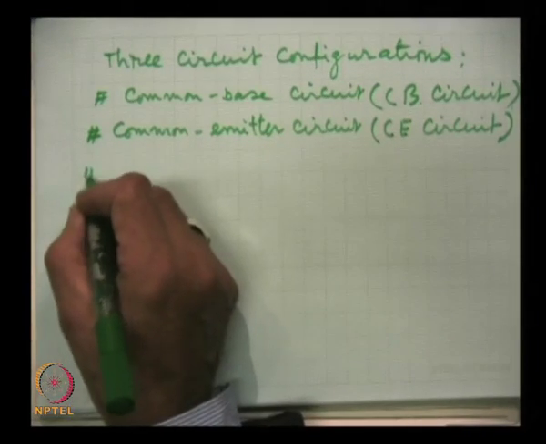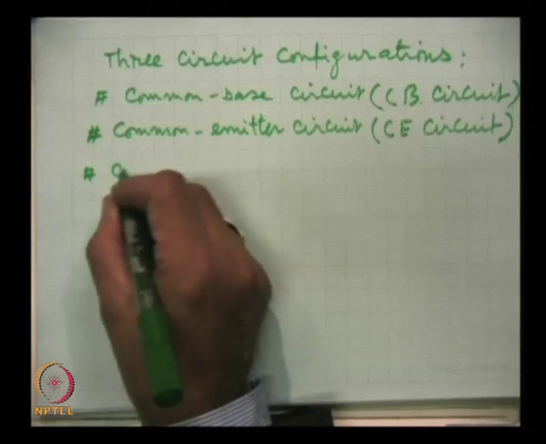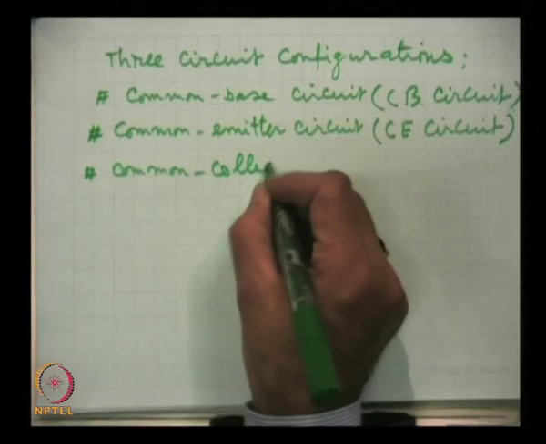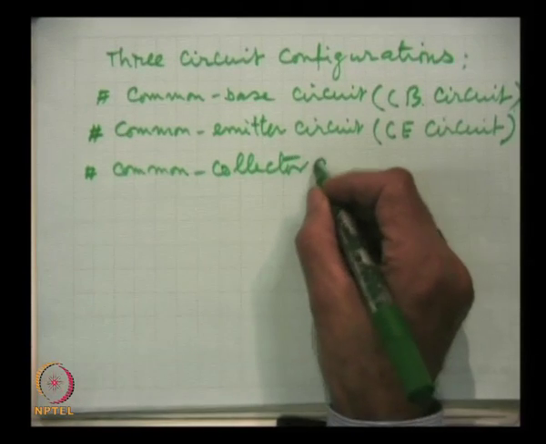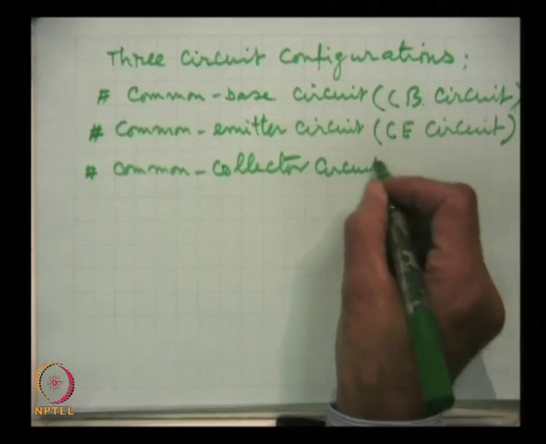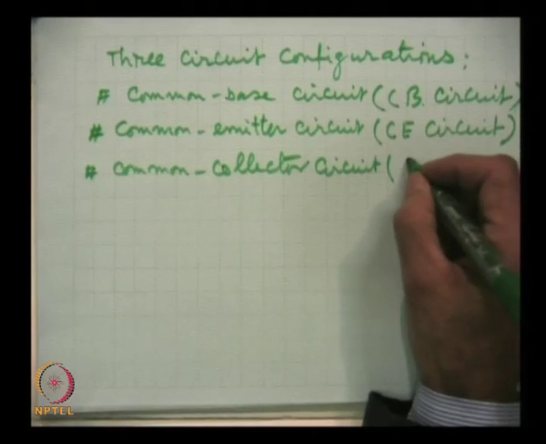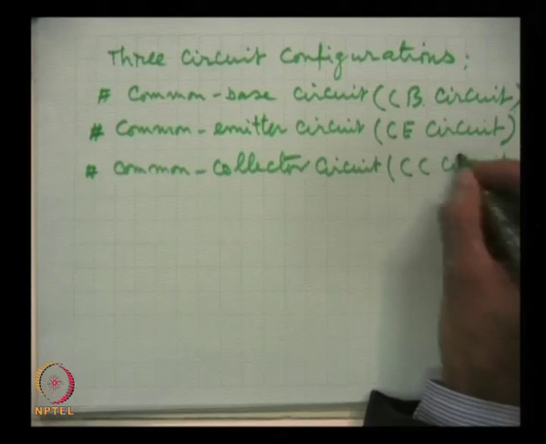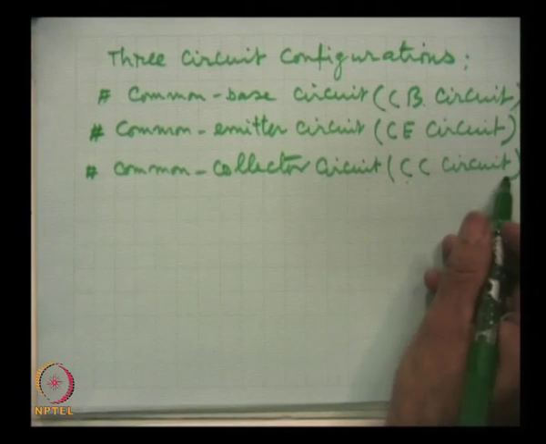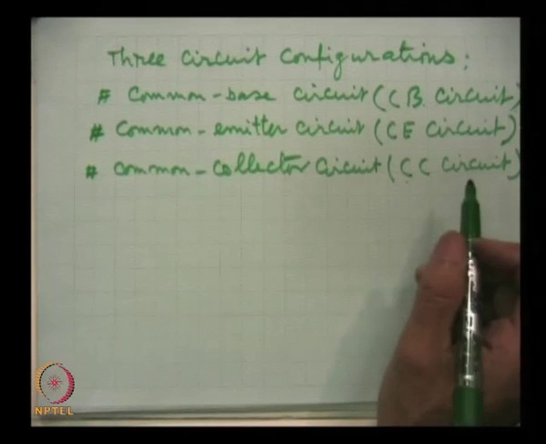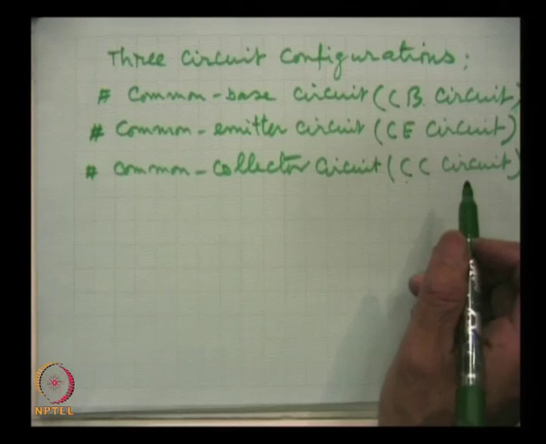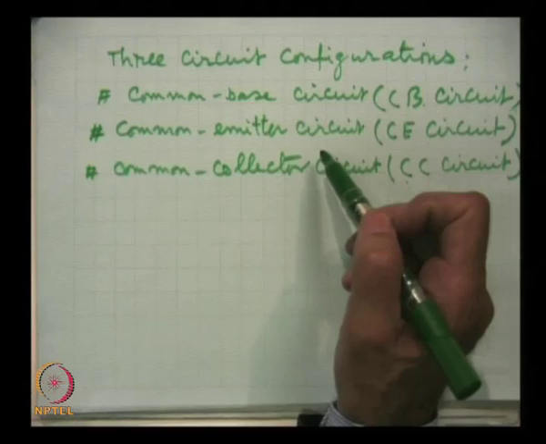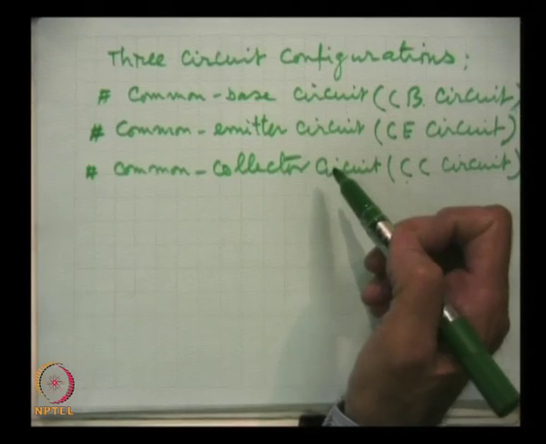And the third one is the common collector circuit, that is the CC circuit. The transistor is the same, only how we connect it in the circuit will tell whether it is a common base circuit, common emitter circuit or common collector circuit.